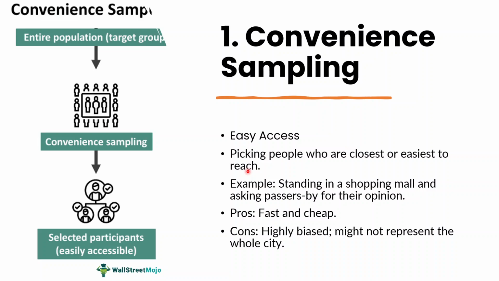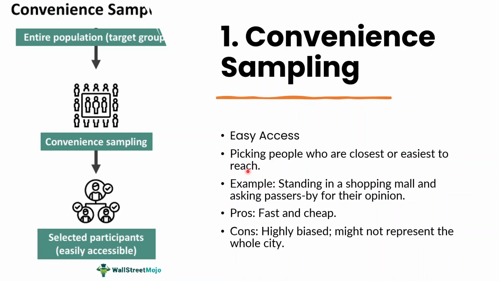So what I do is I do not go to some other college and pick the students. Conveniently, the students who are available to me, whom I can reach very easily, I'll pick only those students. So here convenience is being used, or the ease of access or ease of selection becomes the criteria in sampling.